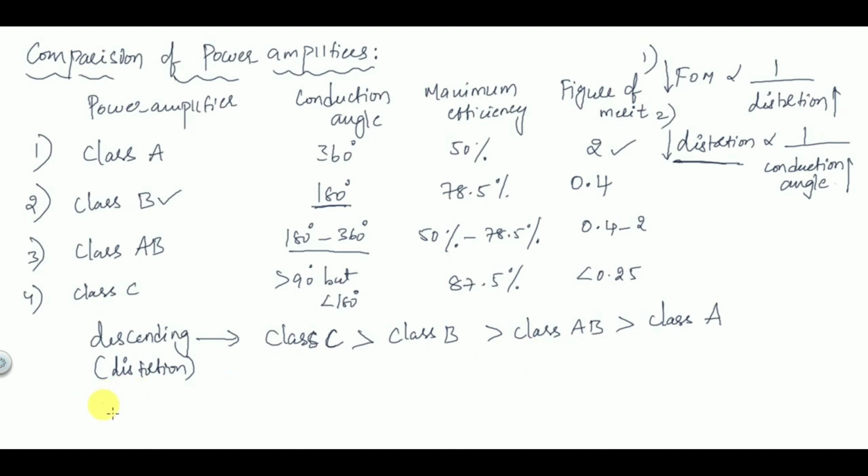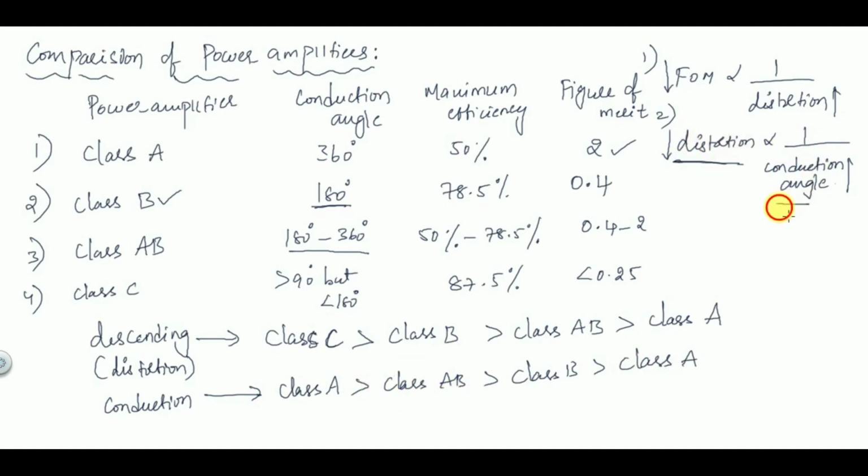Suppose they ask for descending order of conduction angle: the most conduction angle is for class A first, next class AB, next class B, next class C. It is exactly the opposite, because distortion is inversely proportional to conduction angle.